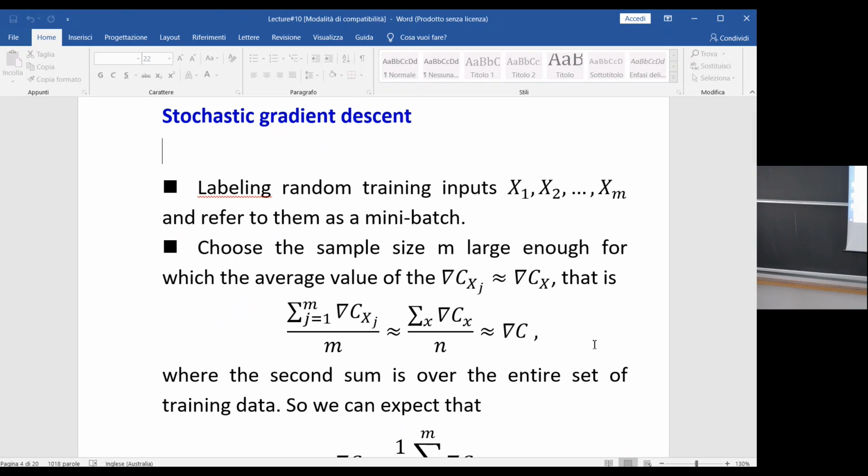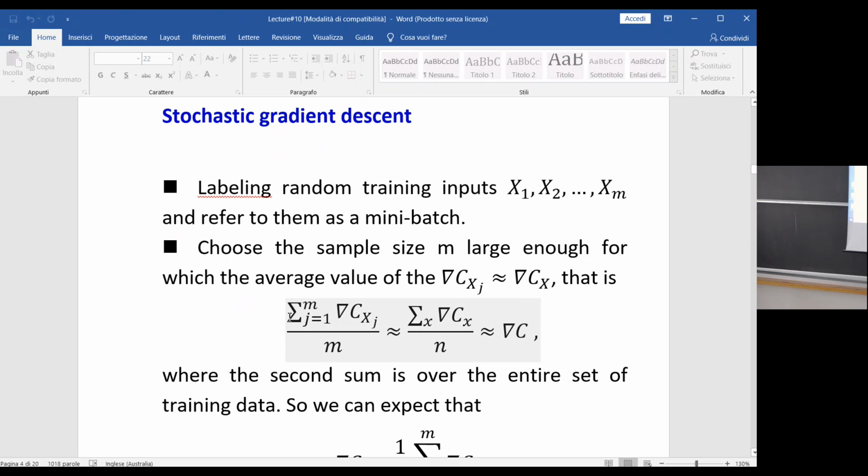So choose the sample size M large enough for which the average by our mini batch, the gradient by mini batch, approximates the value of the gradient of our function.